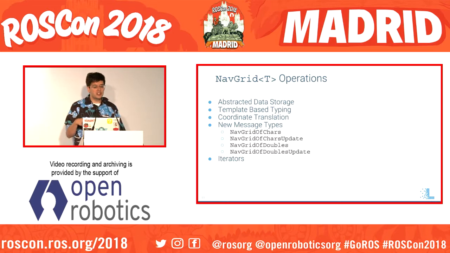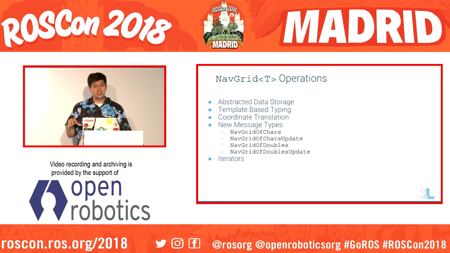And so the data storage here is all abstracted so that you can have it be backed by a standard vector or any other type of data storage. The typing is template-based, so you can stick in floats, unsigned chars, classes, whatever you'd like. There's a whole library for coordinate translation, from translating from world coordinates to grid coordinates and back.